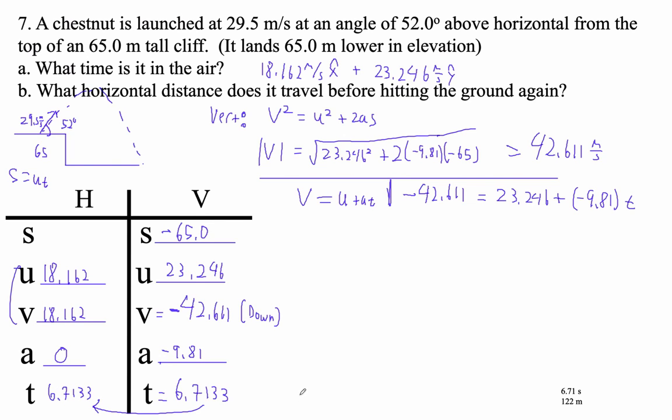I kind of like these questions. And now we're all set. So now we can do horizontal. In the horizontal direction, all we ever do is just S equals UT.